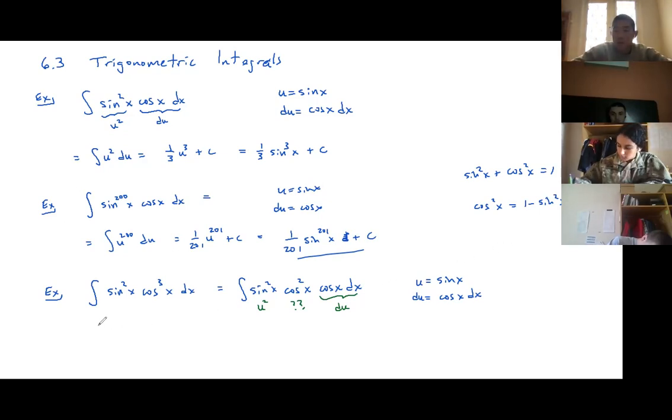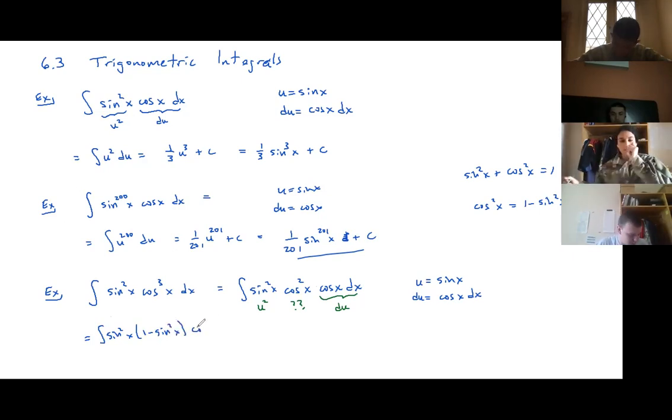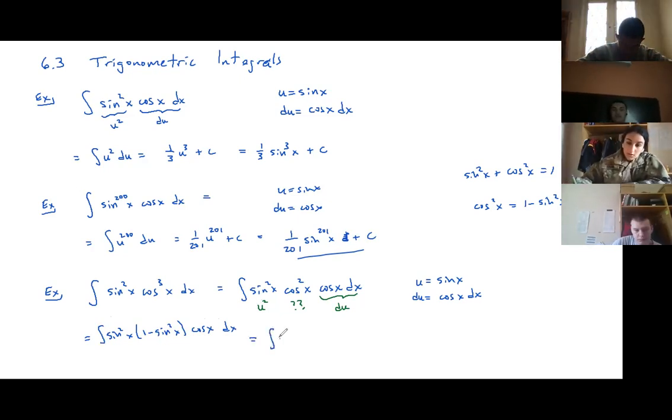So I could rewrite this as sine squared x times 1 minus sine squared x times cosine x dx. And now do you see why that's advantageous? When I make my substitution, I have a u squared.